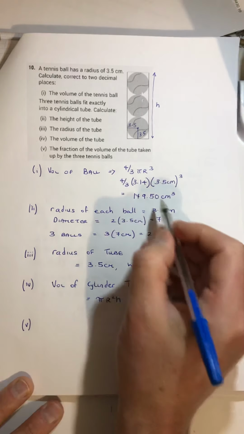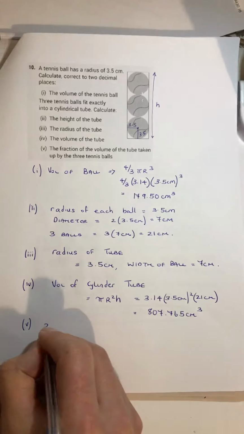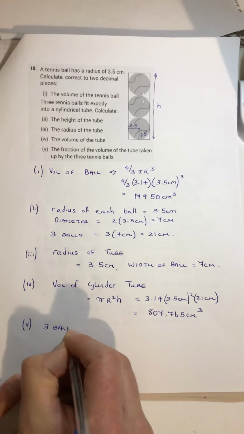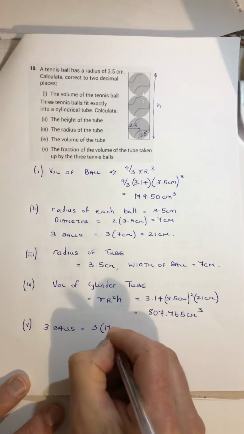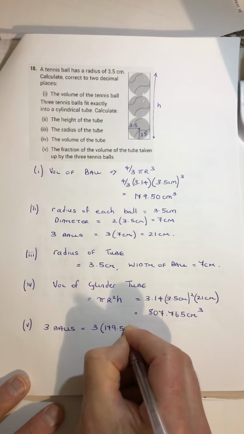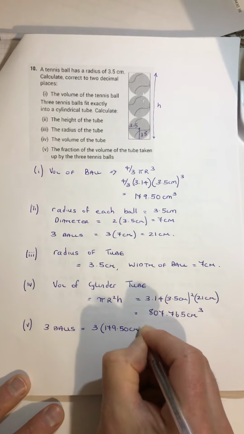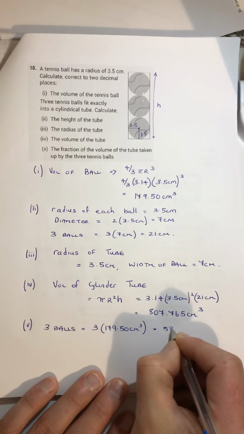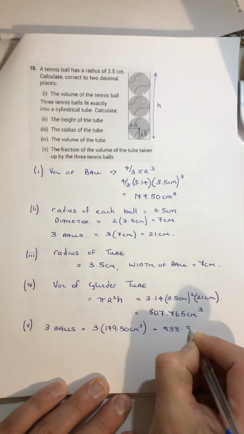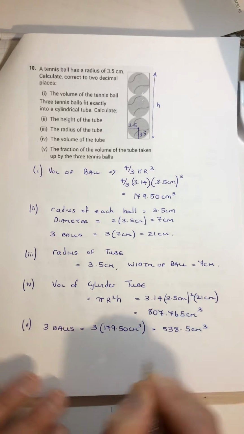Well, the balls take up, so there's 3 balls, is 3 times the volume of each ball, which is 179.50 centimeters cubed. So 3 times 179.50 is equal to 538.5 centimeters cubed.